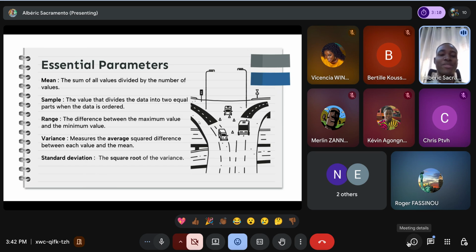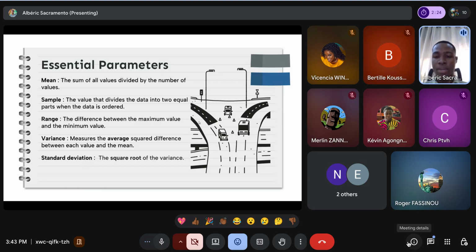The median is the value that divides data into two equal parts when the data is ordered. The range means the difference between the maximum value and the minimum value. It's a simple measure, but it only takes two values into account. We have only one maximum value and only one minimum value, right? Variance measures the average squared difference between each value and the mean. The standard deviation is the square root of the variance.